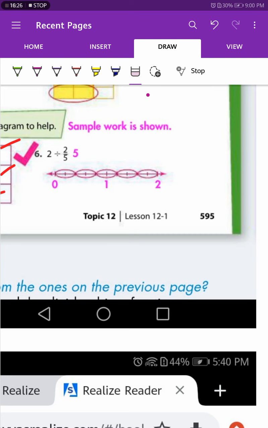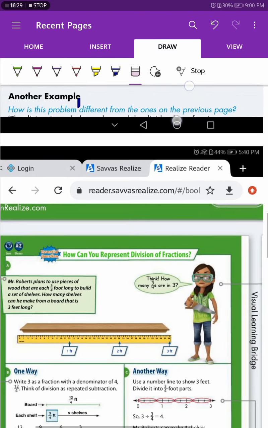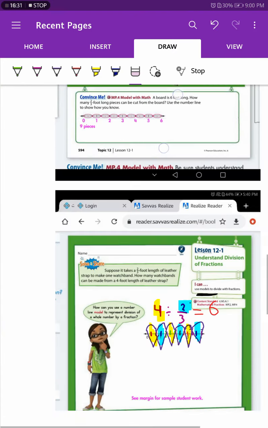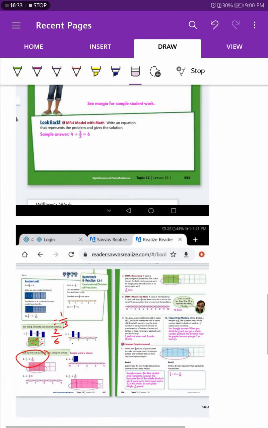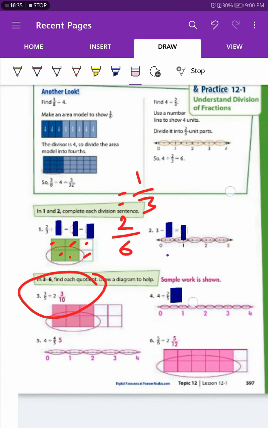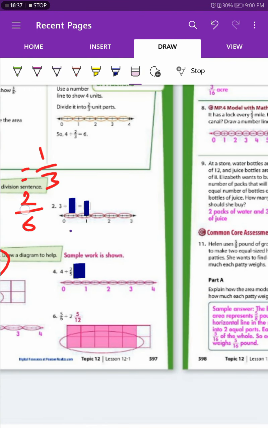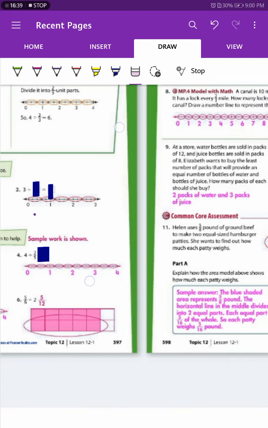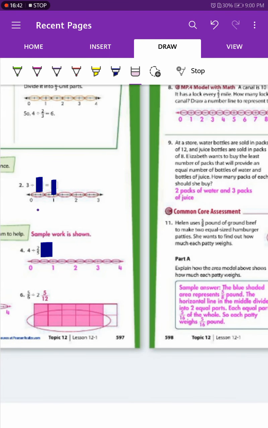This is the divisor. Let us take more examples. Here, what about this one? The number here is 3. See, 3. The 3, from where do we get it? From the length of the number line.